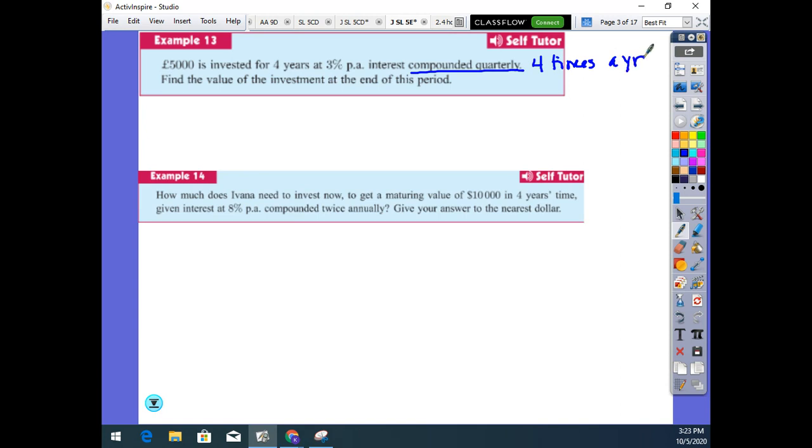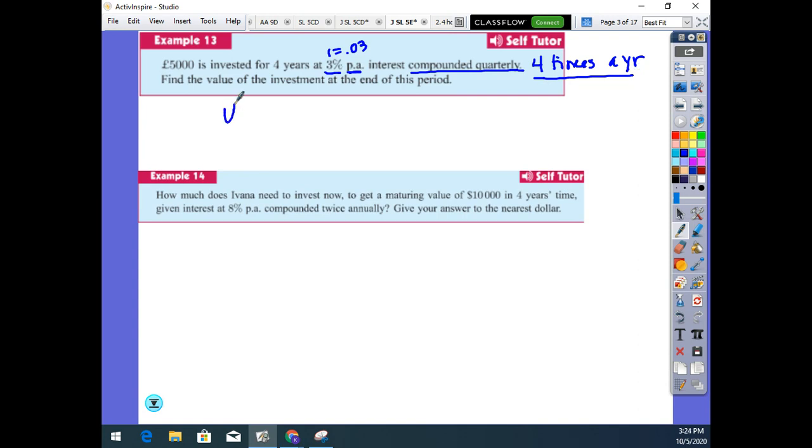All right. Our interest is 0.03, but that's for our annual interest. So anytime you have so many times a year, we're going to have to divide our interest.